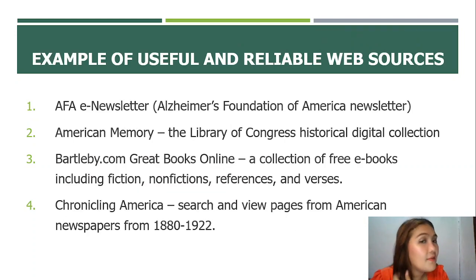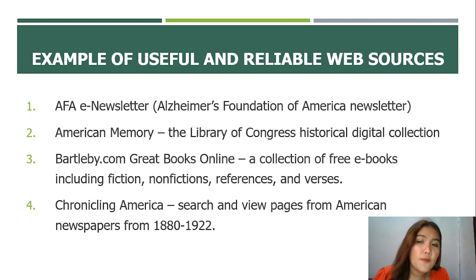Next, so we have examples of useful and reliable web sources. So yeah, number 1 is AFA, e-newsletter. So these are the Alzheimer's Foundation of America newsletter. American Memory, the Library of Congress Historical Digital Collection, bartleby.com. So these are the great books online.